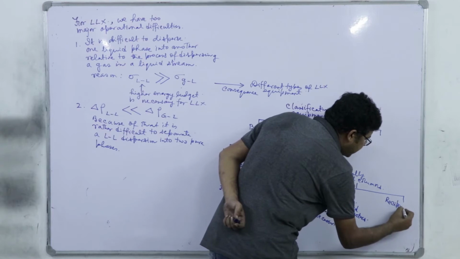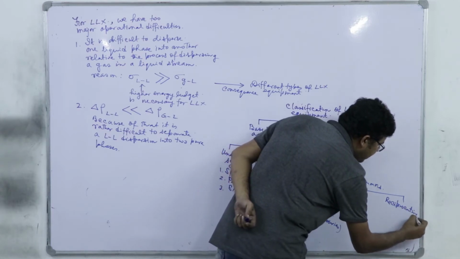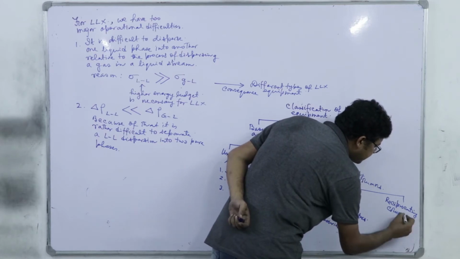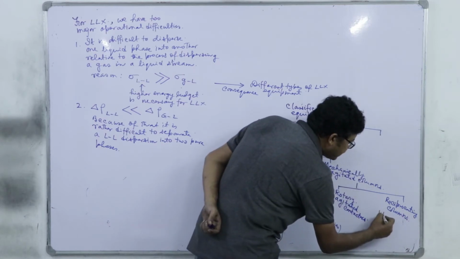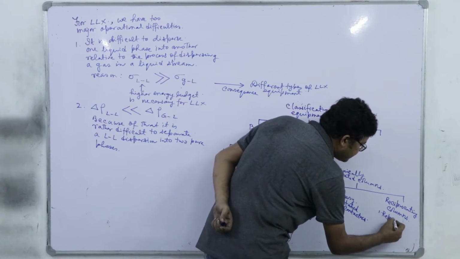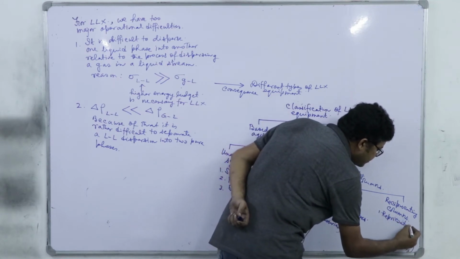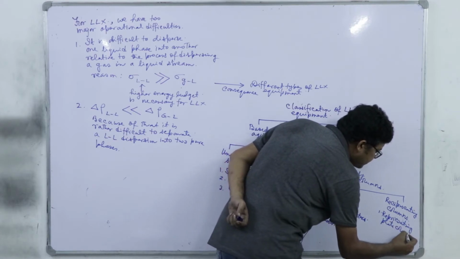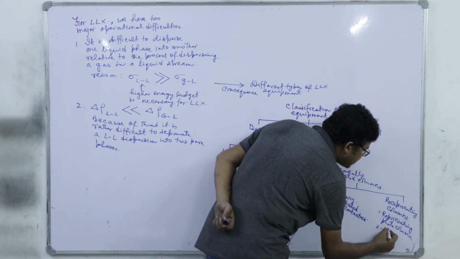And reciprocating columns. This is the reciprocating plate column, Karr column.